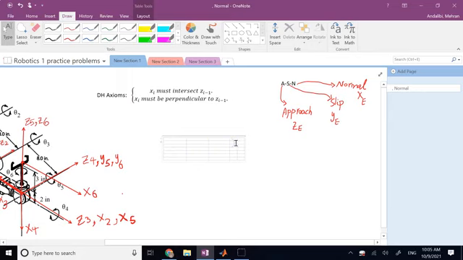So it has 7 rows, 6 of them are for the 6 joints, correct? So the 6 variables, so this is going to be i of 1, right? Or I can just say 1, 2, 3, 4, 5, and 6.